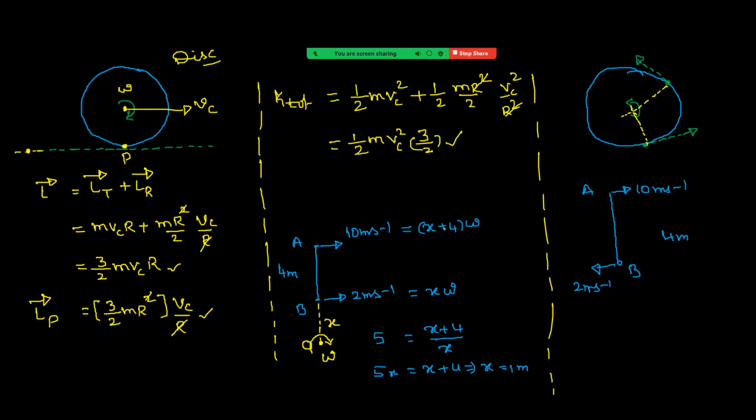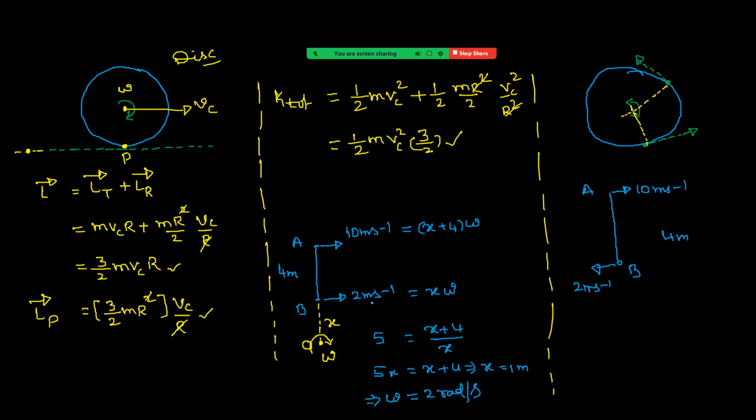In fact, here, without writing this, directly also we can get the omega value. See carefully, x got how much? 1. x is 1 means omega is how much? From this we can write omega equal to 2. So 2 radian per second, right? And in the beginning of the chapter, we have discussed how to calculate angular velocity for a rigid body. One is, if we know theta as a function of time, then write d theta by dt.